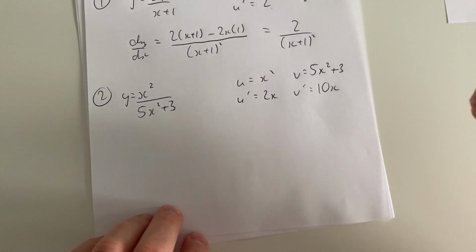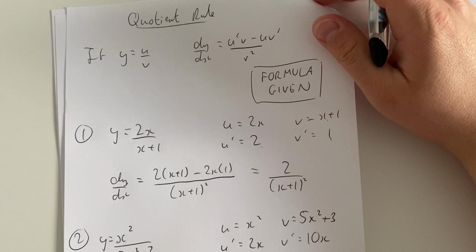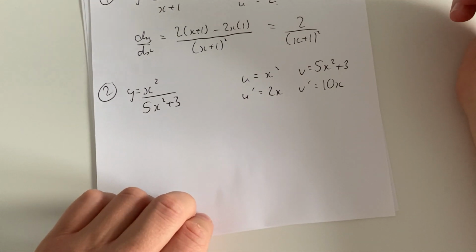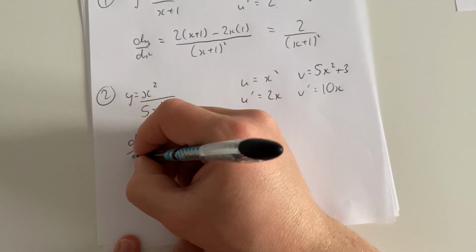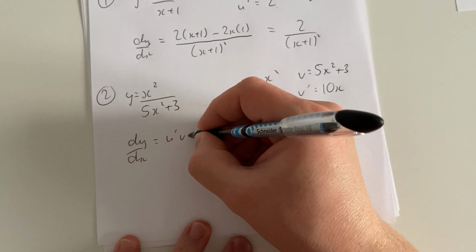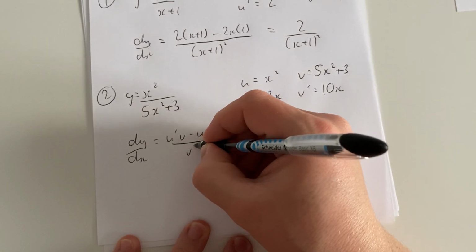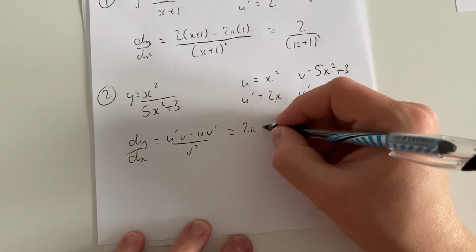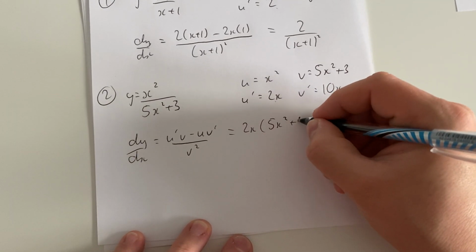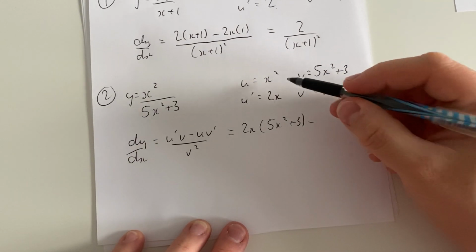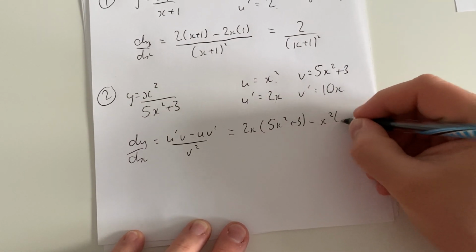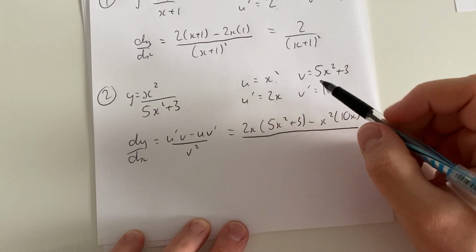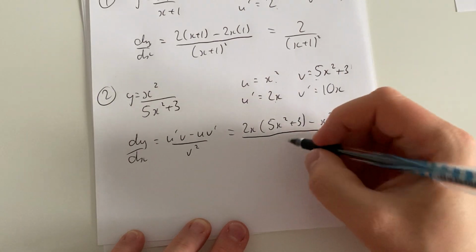And if we follow the formula that was given above, which I don't think you can quite see at the moment, it's u dash times v minus uv dash, over v squared. So u dash 2x times 5x squared add 3 minus uv dash, so x squared times 10x, all over v squared, so this thing squared.